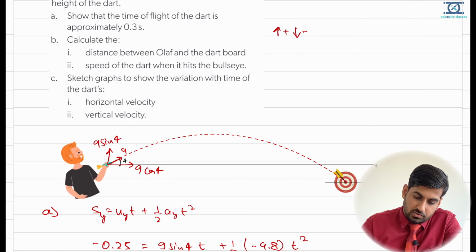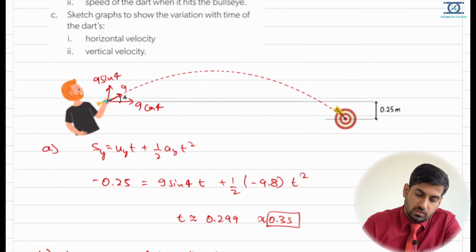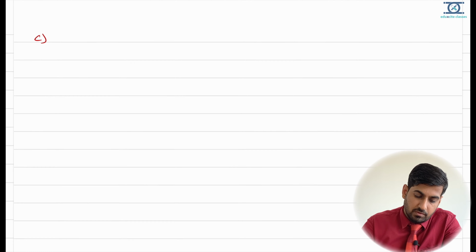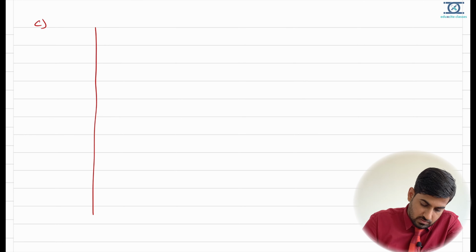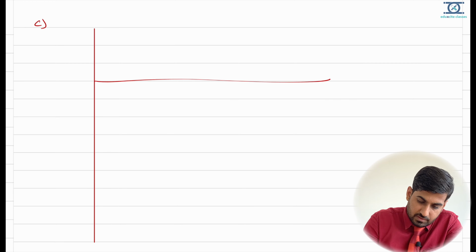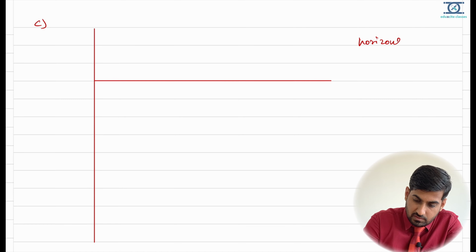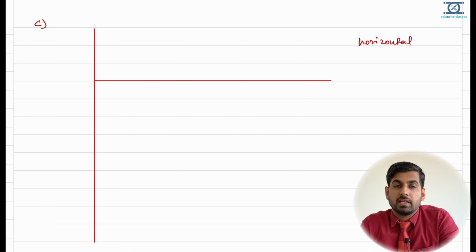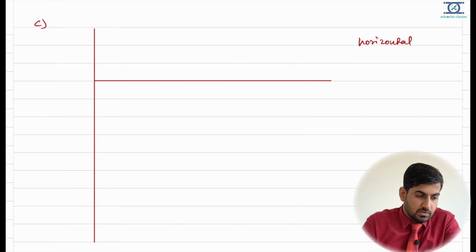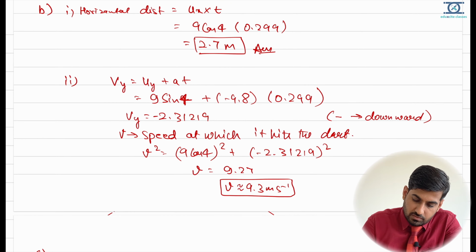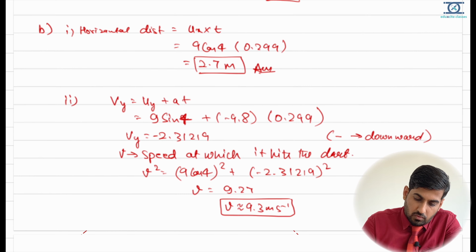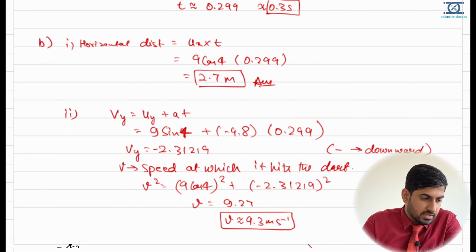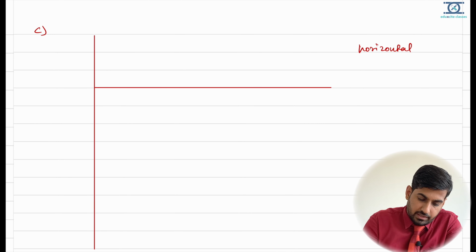Sketch a graph to show the variation with time of the horizontal velocity and vertical velocity. Now we have to just sketch. Let us say for horizontal, the horizontal velocity is constant, it is not changing, and that is equal to 9 cos 4, which is something around 8.98.